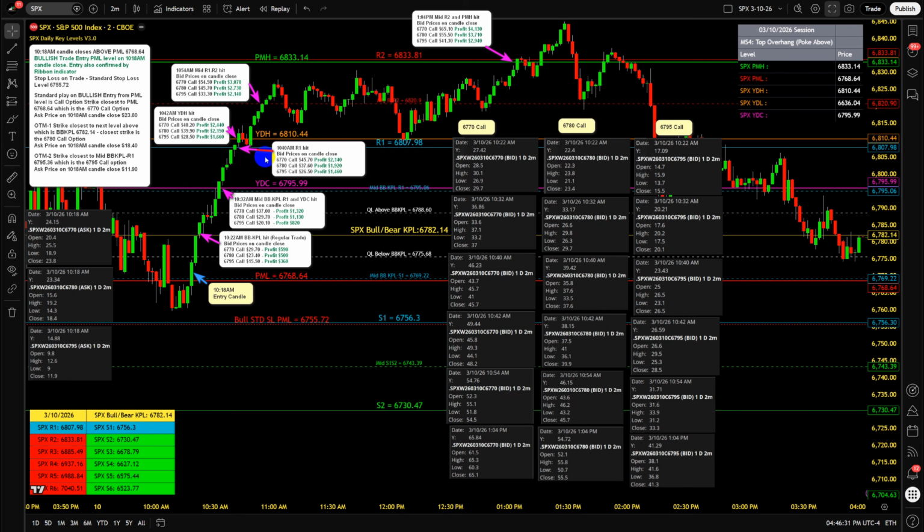However, on the PMH, YDH, YDC, PML, and YDL levels, which we don't have YDL here since it's way below for yesterday, and we just wanted to zoom in on this, those are done in the user control panel, which I'll show you now.